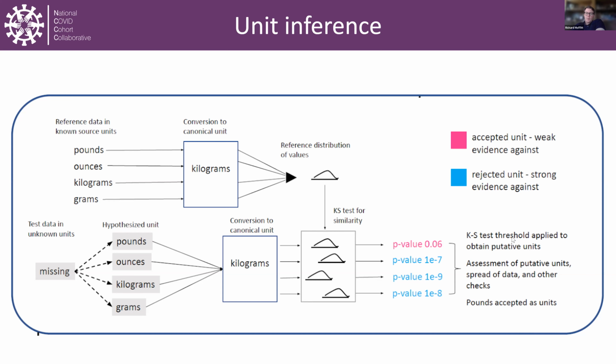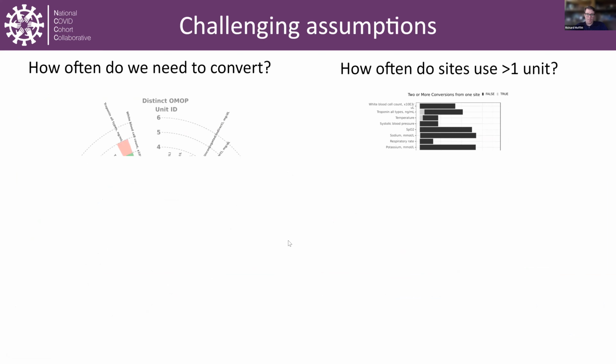And at the end of the day, we're going to potentially accept a very likely match, which has weak evidence against it being the correct answer. So in this particular example, pounds would be accepted as the hypothetical unit for data coming from this one site.